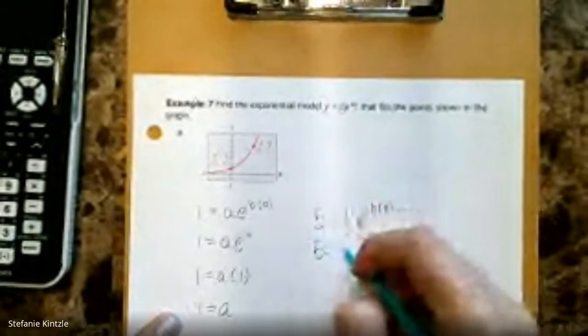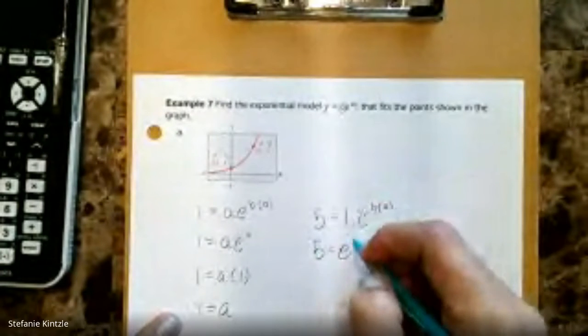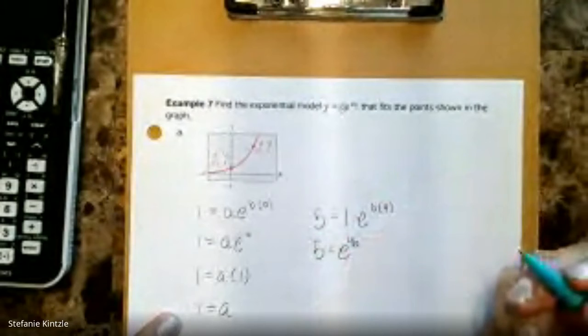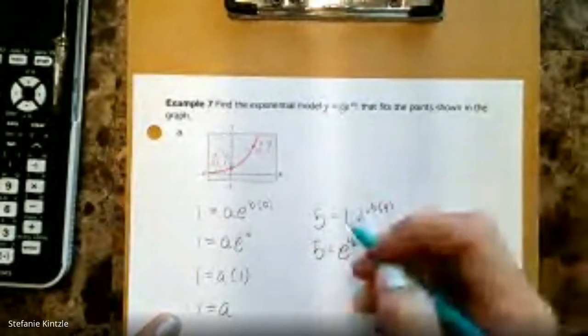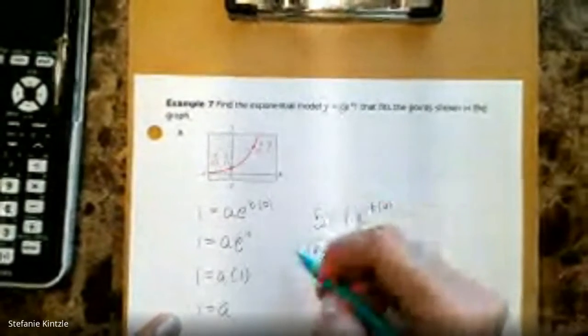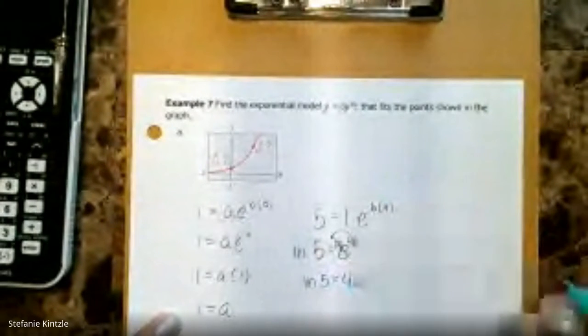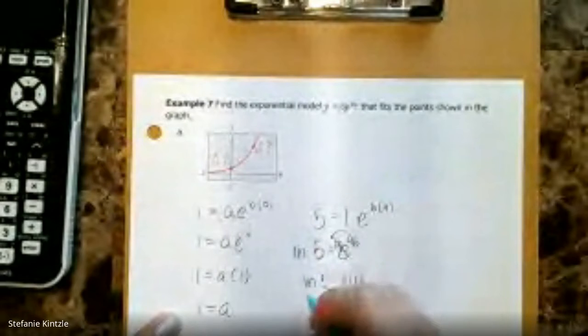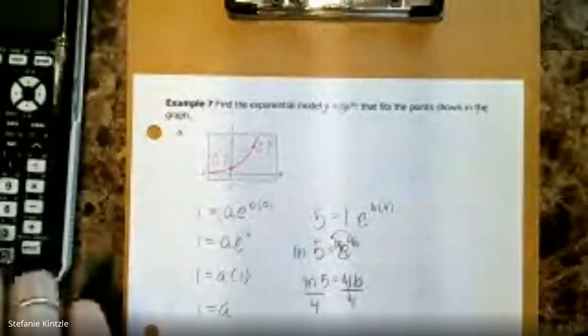So 5 equals e to the 4b power. Now we're going to use what we learned in section 3.4. We can take the natural log of both sides and bring the exponent down. The natural log of e cancels, so we just get natural log of 5 equals 4b. Divide both sides by 4. We type that in our calculator, and we get 0.402.